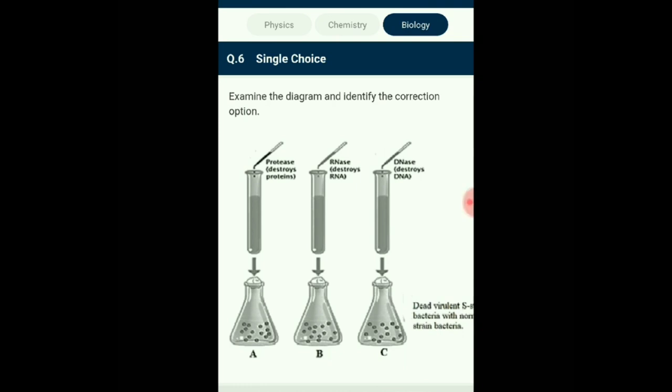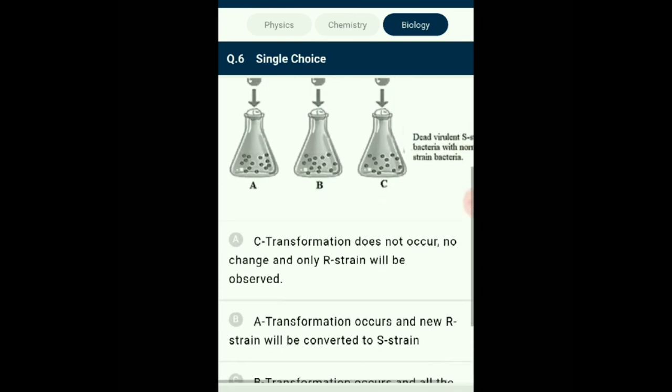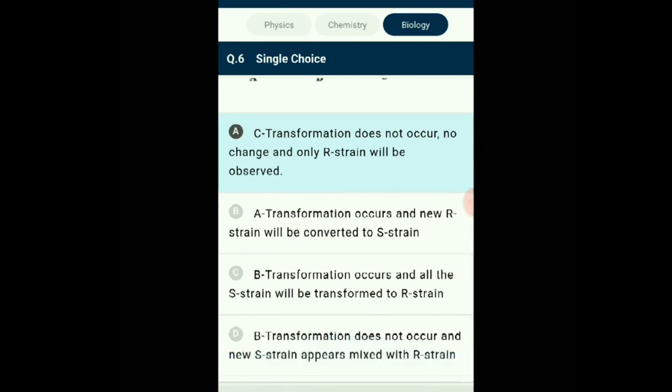No change and only R cells will be observed. This is because the transformation principle tells that DNA is the genetic material that transforms the R strain to the S strain, and with DNase treatment the DNA gets degraded and thus there is no transformation. So the answer for this question is option A, in C, transformation does not occur, no change and only R strain will be observed. So that is the correct option.